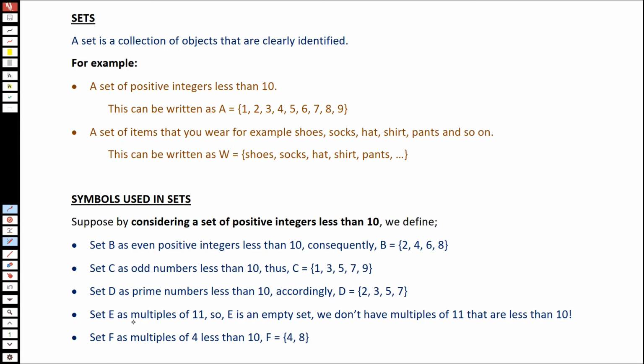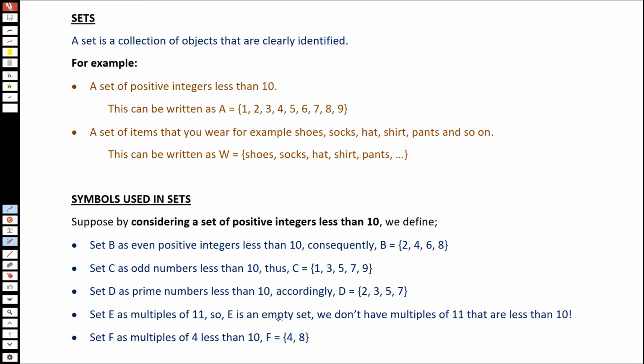And then set E as multiples of 11. But now remember, here we are considering positive integers less than 10. But the first multiple of 11 will be 11, and then 22, and then 33. So those numbers are beyond what you're considering. So basically this set here, set E, will be what you call an empty set.